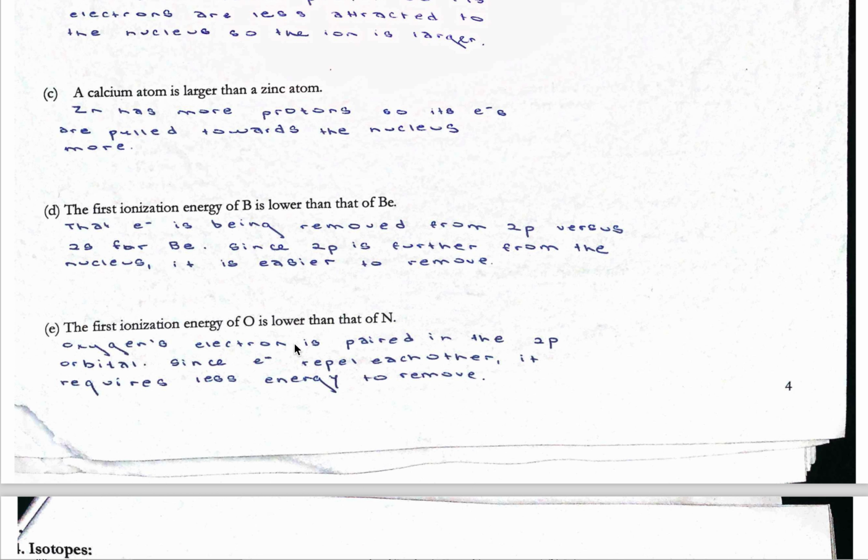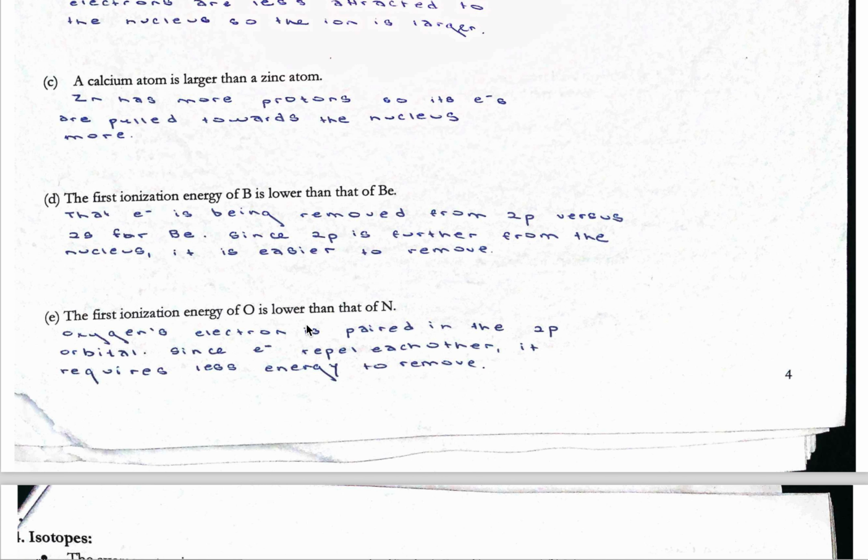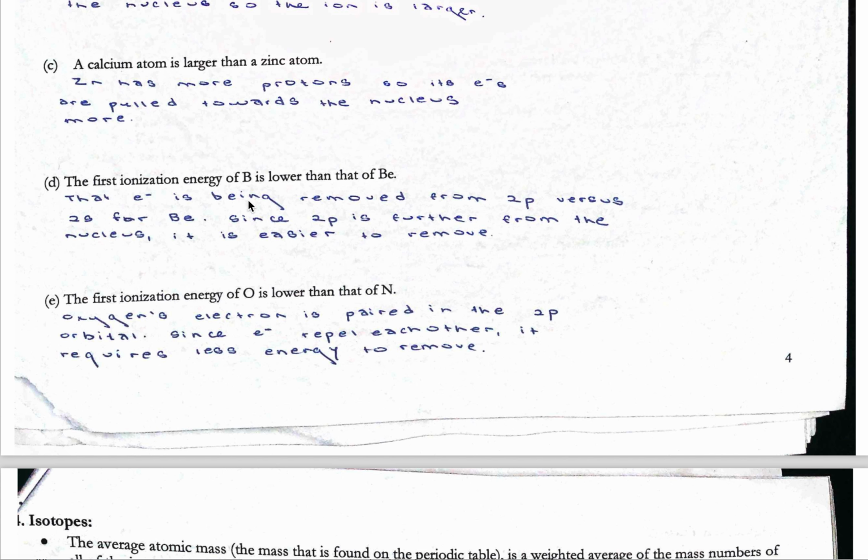Okay? D and E are where you guys kind of skipped over. If you checked your work, you need to make sure that you really understand this. So boron versus beryllium. If you look at the first ionization energy, meaning the energy needed to remove that first electron, the electrons for boron are being removed from the 2p sublevel, while for beryllium, they're being removed from the 2s sublevel.